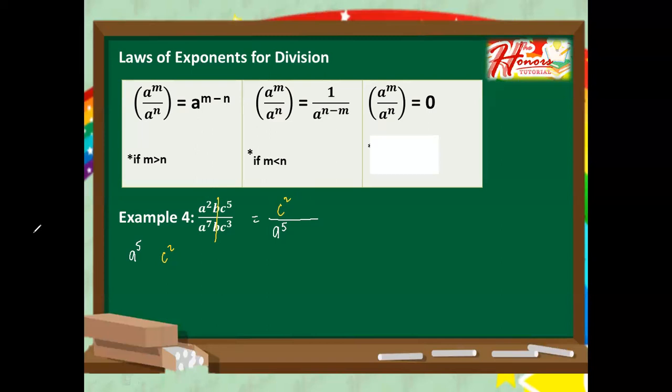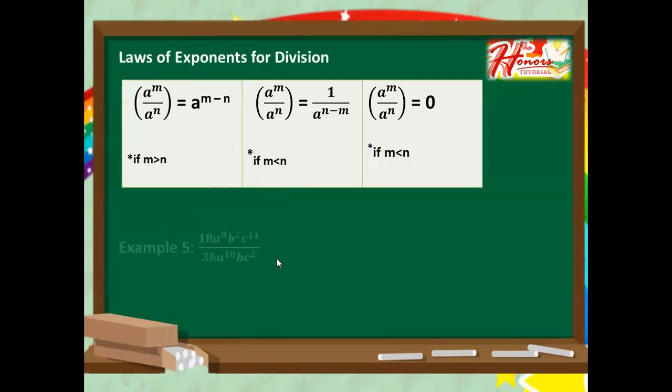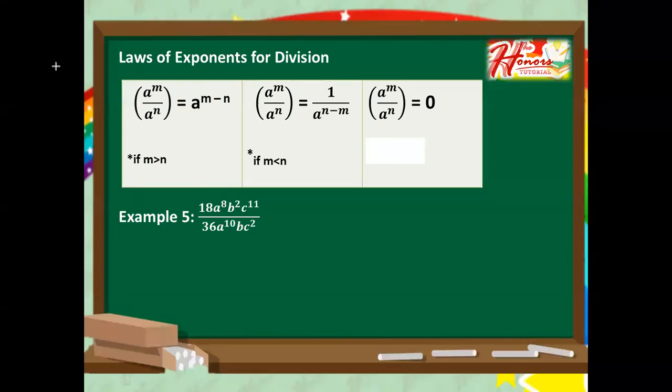Next, let's have another. Number 5. For number 5, let's have the number first. I want you to think of a number that can divide 18 and 36 at the same time without remainder.